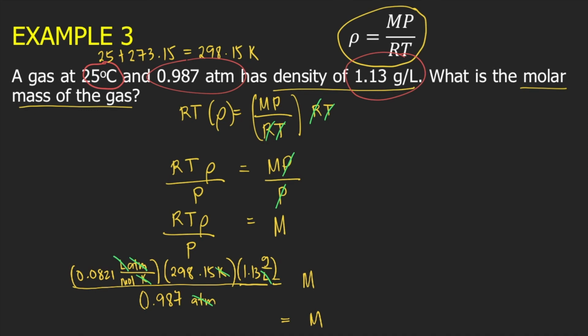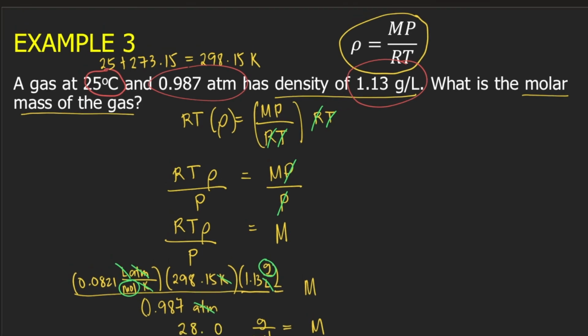So the remaining unit is grams over mole, which is the unit of molar mass. Grams per mole. Now, if you solve this in your calculator, we have 0.0821 times 298.15 times 1.13 divided by 0.987. The answer is approximately 28.02 grams per mole. And this is the final answer.